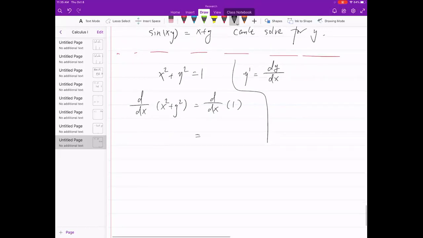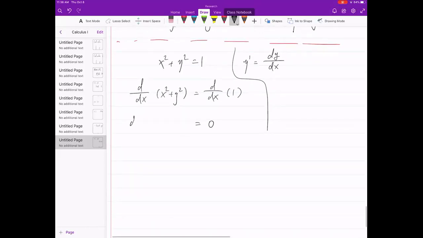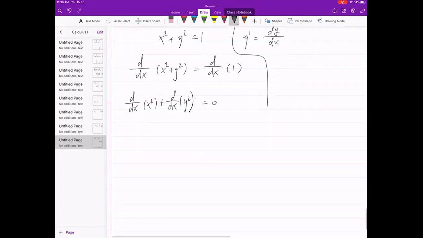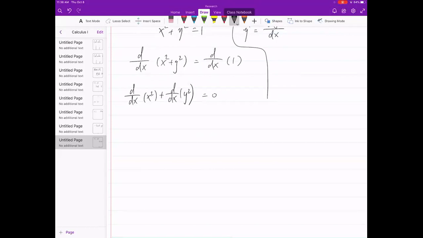Now, we have several parts. What is the derivative of 1? A constant. What's the tangent rate of a constant? 0. That is good. On the left, I have the derivative of two things added together. At least I can split them into this. From here, I can see this one is no problem. That is just 2x.